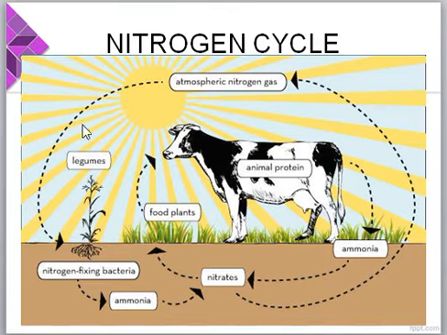Let us now focus our attention on this illustration. We all know that 78% of the atmosphere is nitrogen gas. The first step of the nitrogen cycle is nitrogen fixation. Nitrogen fixation forms ammonia, or NH3, from nitrogen gas, which is N2.